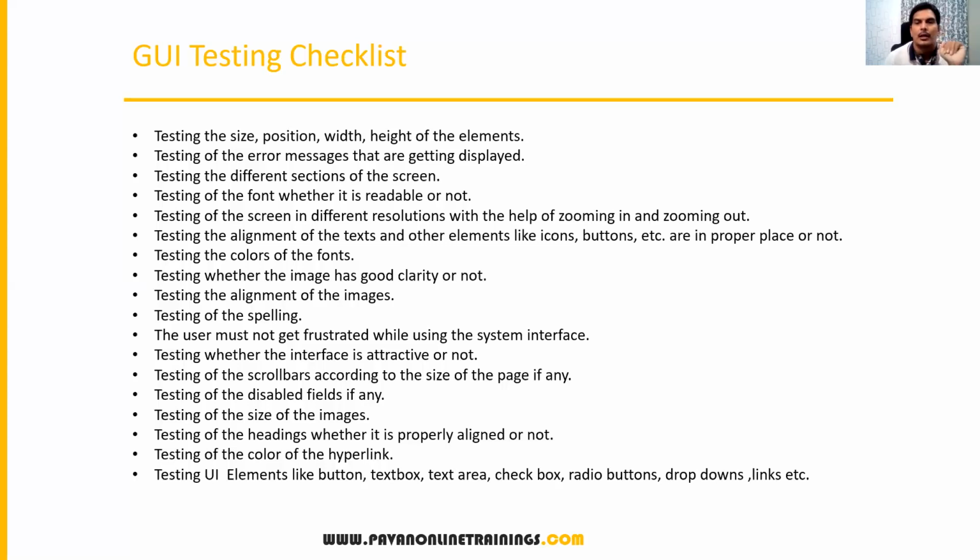Okay. And then testing the colors of the font. This is also another important thing because colors will attract the users, so we have to use proper colors. Most of the time, we should avoid red and some colors which are very dangerous for our eyes.